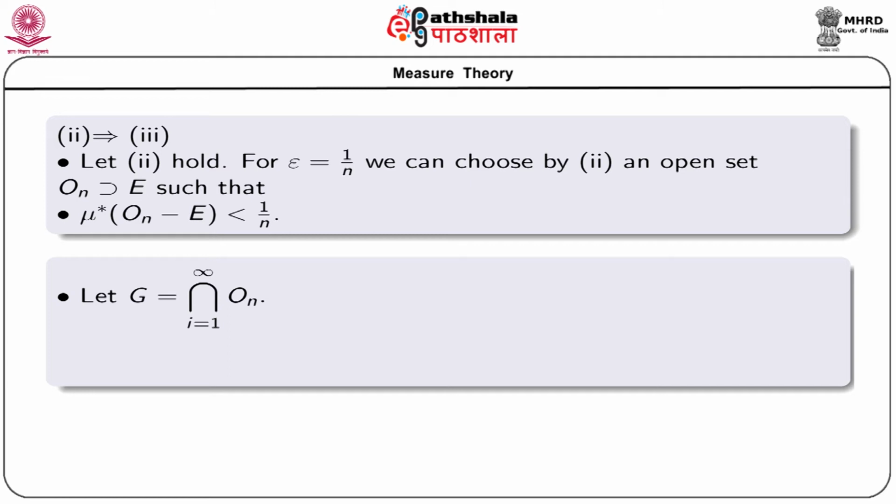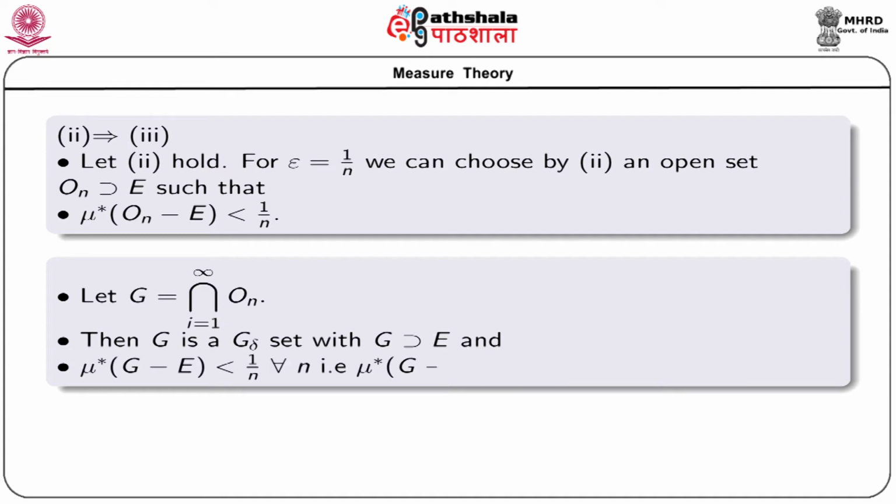Now, take G as the intersection of all these O_n. So, G being a countable intersection of open sets is a G delta set, and obviously G contains E, and mu star of G minus E is less than mu star of O_n minus E. So, this is less than again 1 by n, and this is true for all n.